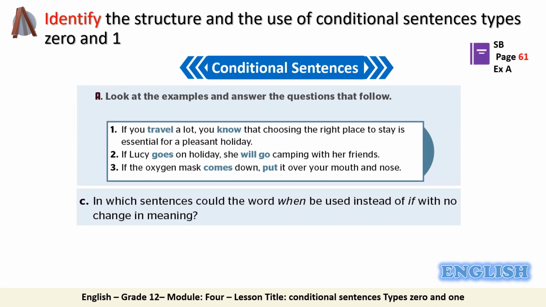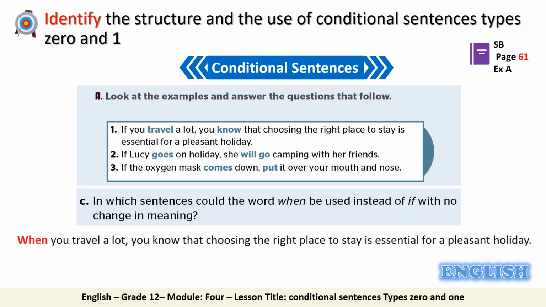Now, I would like you to pause this video here and select the sentences in which if could be replaced by when without affecting the meaning of the conditional sentences. Well done. Let's check this out. So, which sentences have you chosen? Exactly, the first sentence.